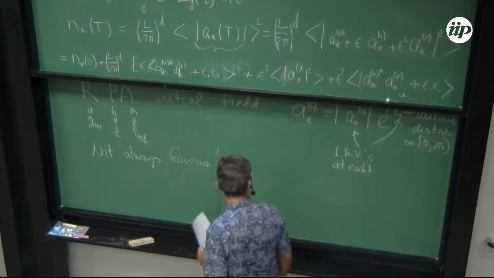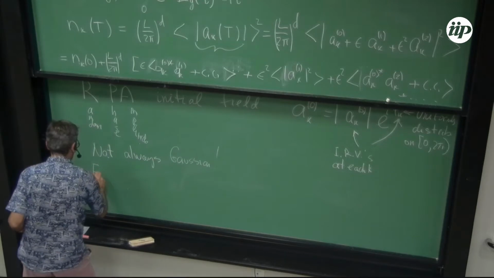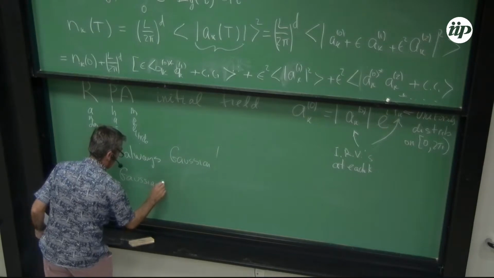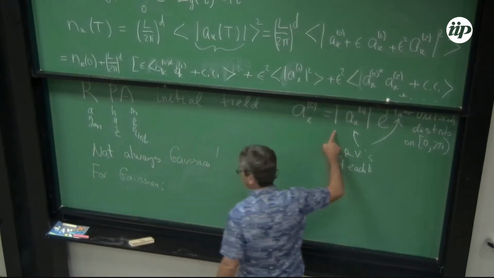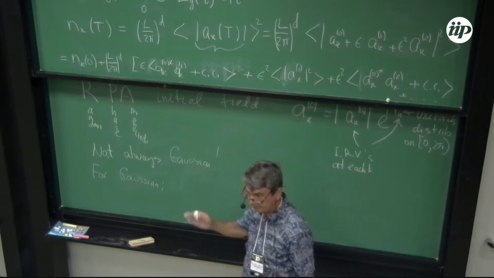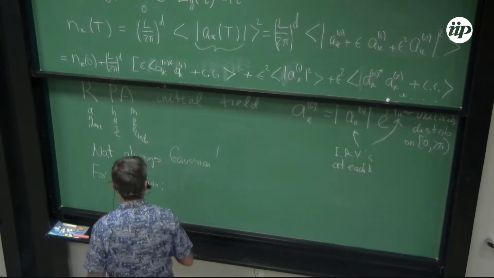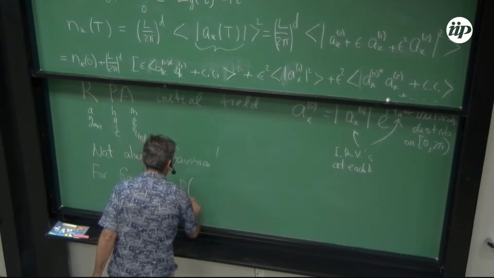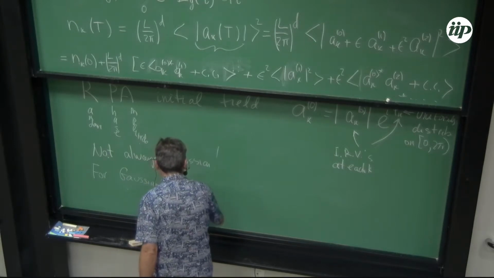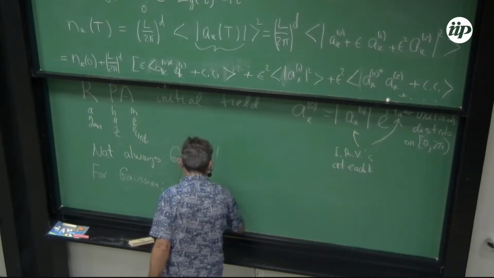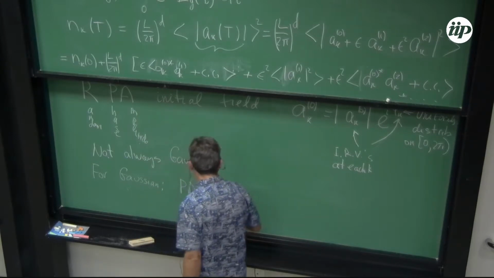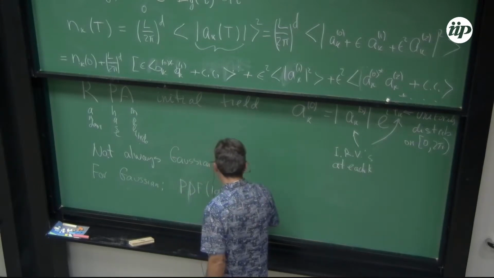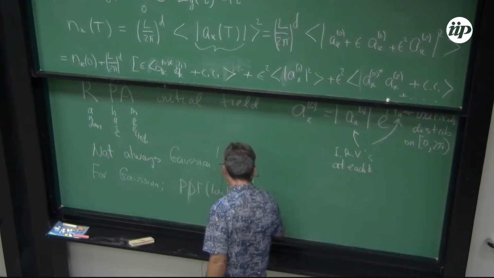So it's not always Gaussian, because for Gaussian fields the distribution of the amplitudes would be fixed to be a Rayleigh distribution, the specific PDF of these amplitudes squared, right, would be like this.